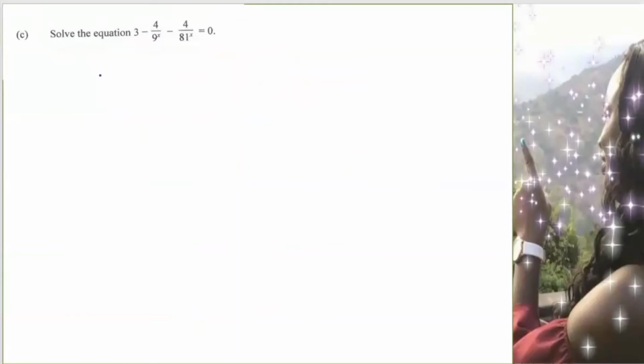For the next equation, we are going to solve using different techniques. Now this 81 to the power x, I will be rewriting it. First, 81 is the same thing as 9 squared.